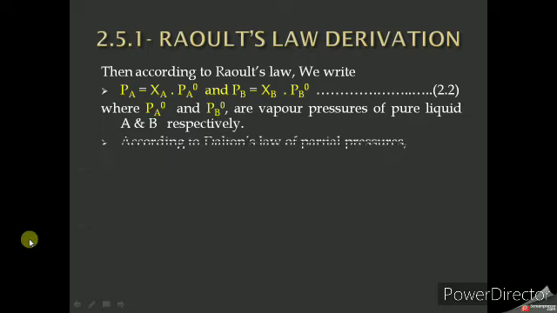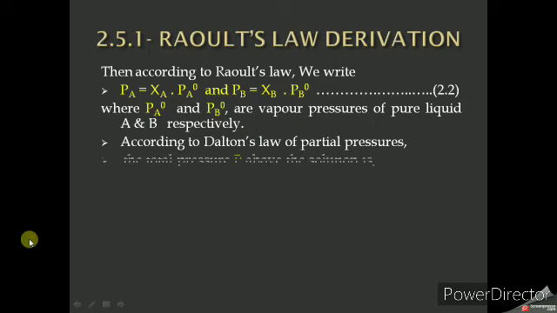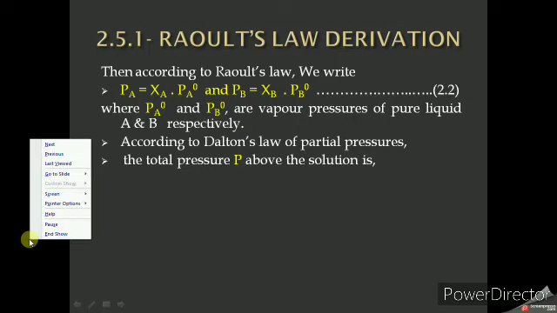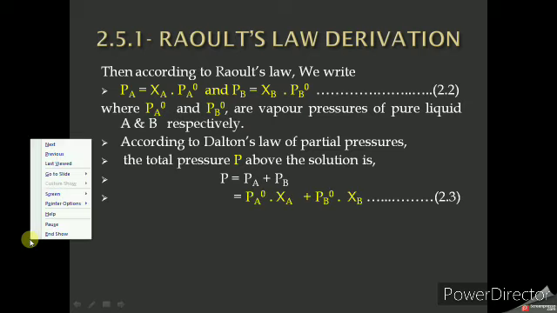Then according to Dalton's law of partial pressure, the total pressure P above the solution is P is equal to PA plus PB. So if we substitute the values of PA and PB using Raoult's law, we write P is equal to PA0 into XA plus PB0 into XB.